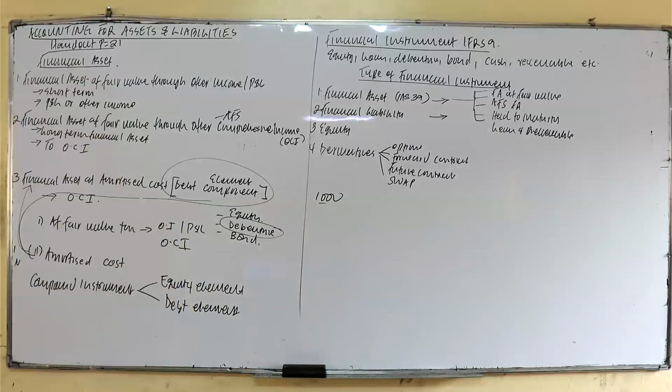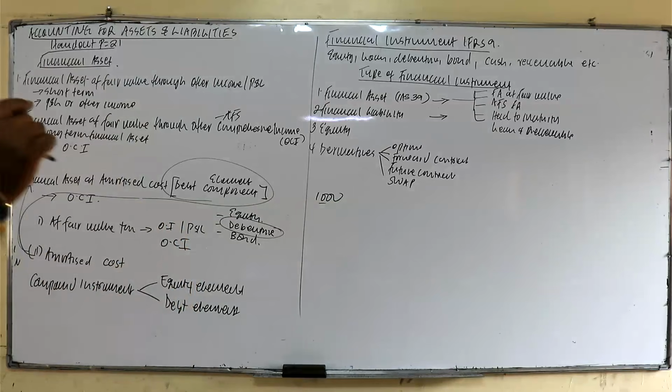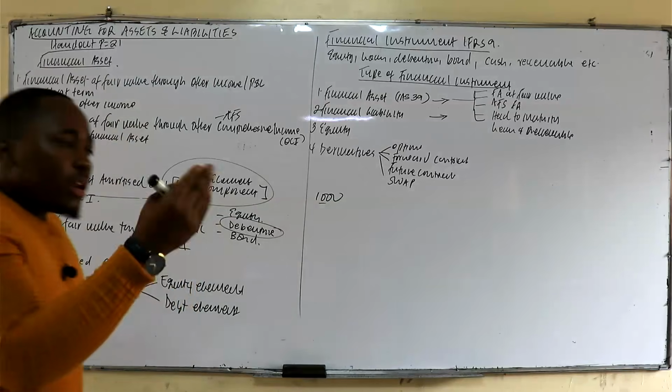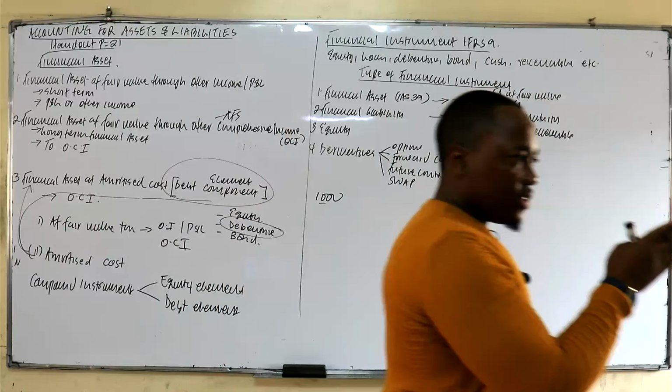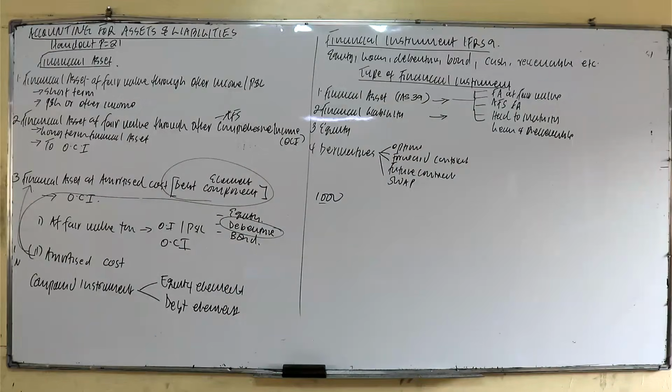To pass this test, the entity must be holding the financial asset to collect its contractual cash flow. Can you understand that? To collect contractual cash flow associated with the financial asset. Now that means investment in a government bond or debenture so that you can be receiving interest. That means the interest is the contractual income.